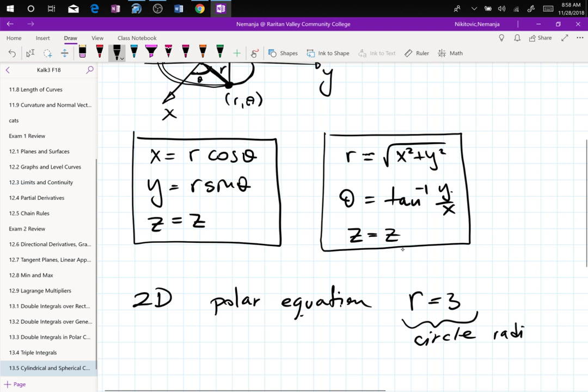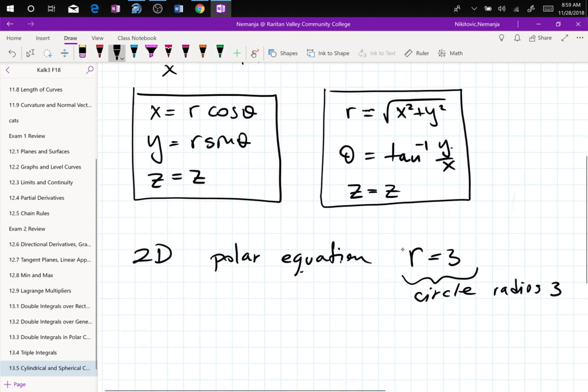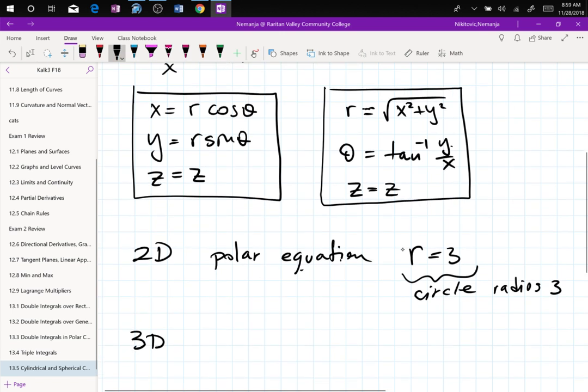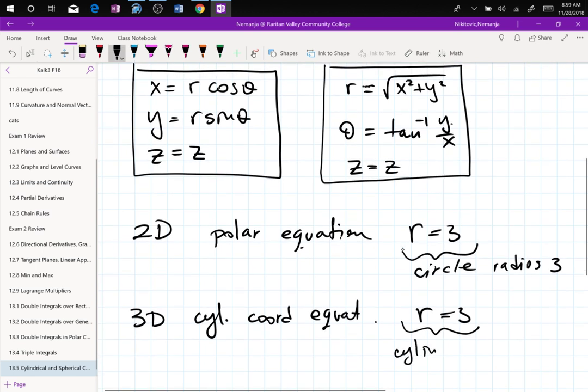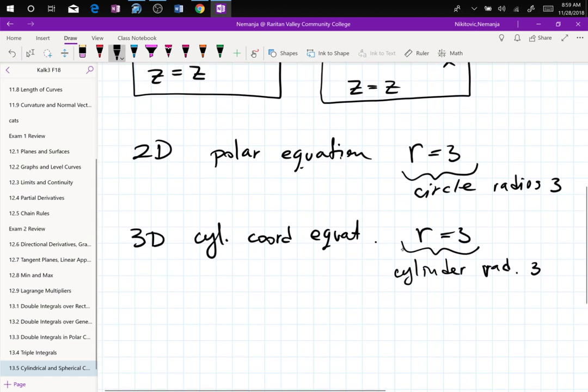Radius 3. If I have a 3D cylindrical coordinates equation and I say r equals 3, now this is a cylinder, radius 3. It's a tube.